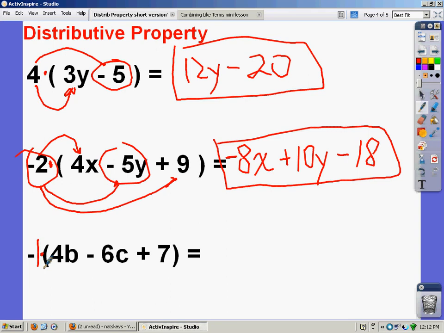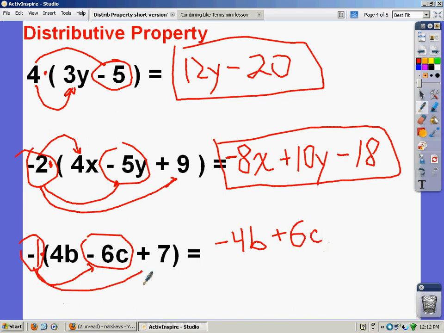And so the skill becomes the same. Negative 1 times 4b is negative 4b. Then negative 1 times negative 6c is positive 6c. And negative 1 times positive 7 is negative 7.